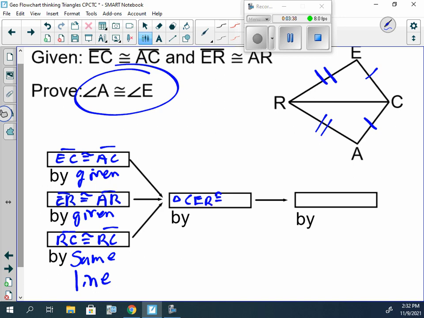The triangle CER would be congruent to the triangle CAR by side, side, side.